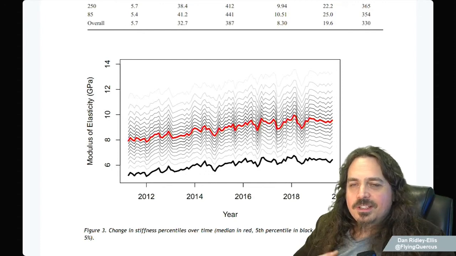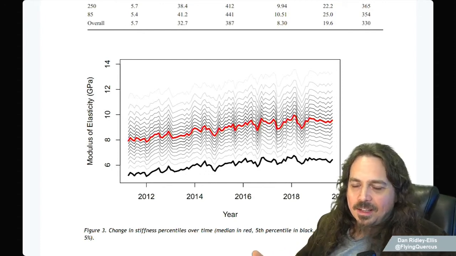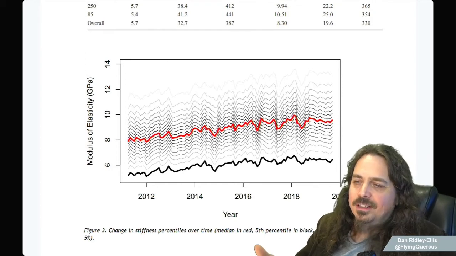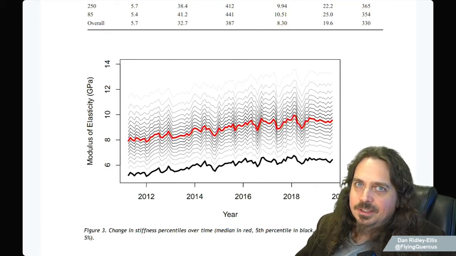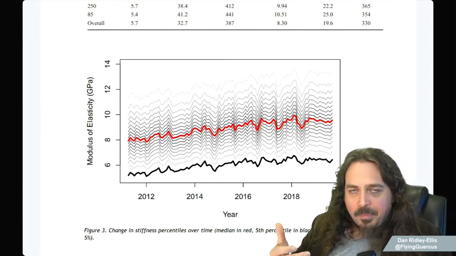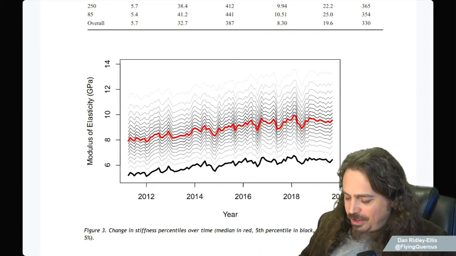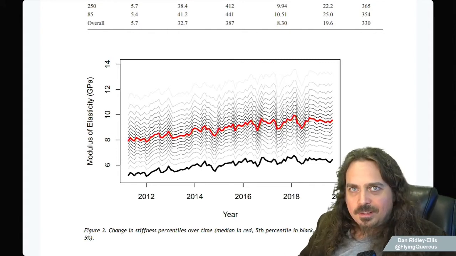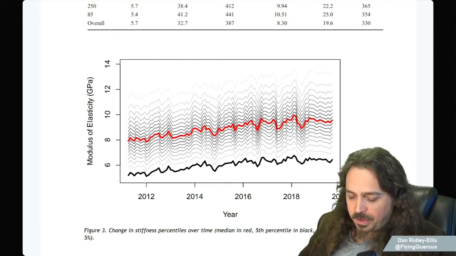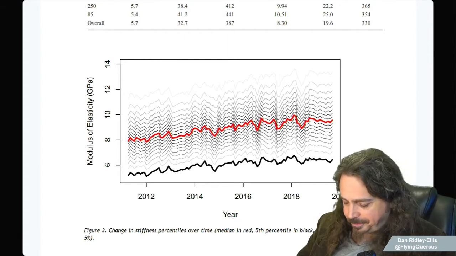Actually, the reason that they're getting better, I think, is down to good practice at Balcas. They're getting good at segregating the material, sending the best material to the grading line. But the data is good enough, I think, that we can conclude that there is no serious decline in wood properties from what we can see here, or no serious decline in wood stiffness.